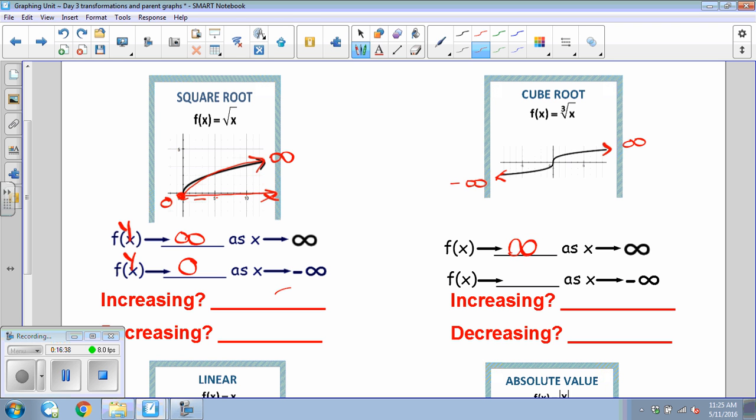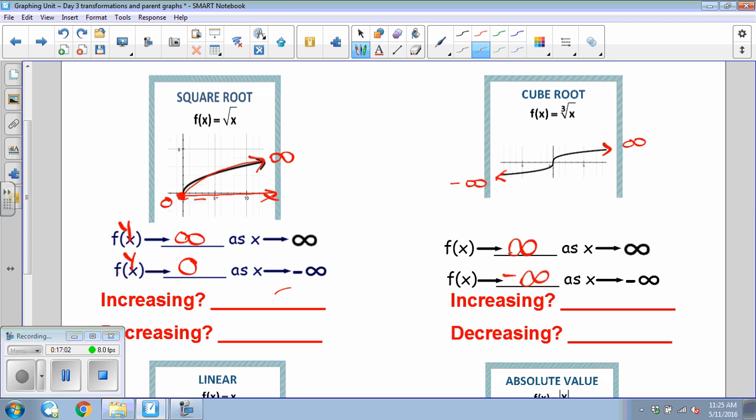Good. It seems complicated, but once you get the concept, it's not. Okay? It's just you're describing what's happening to y. Okay?